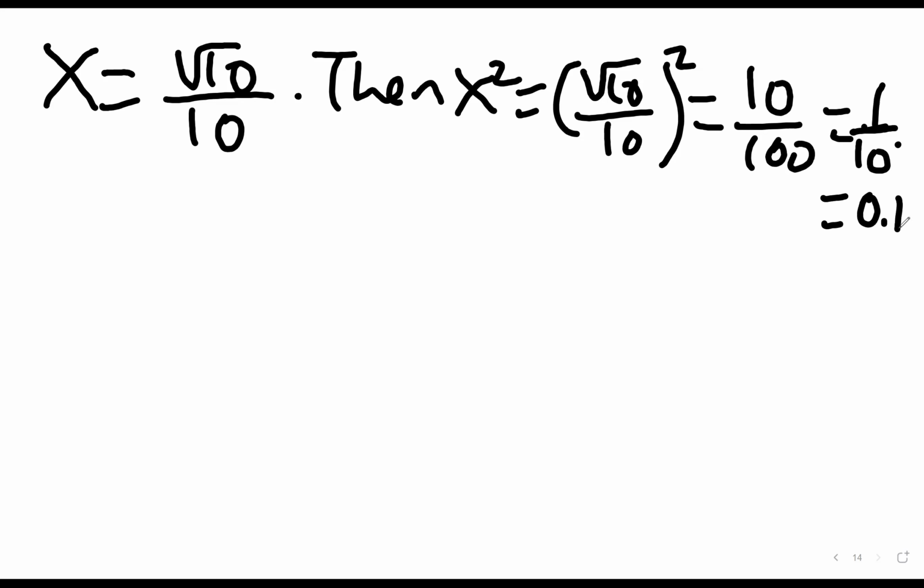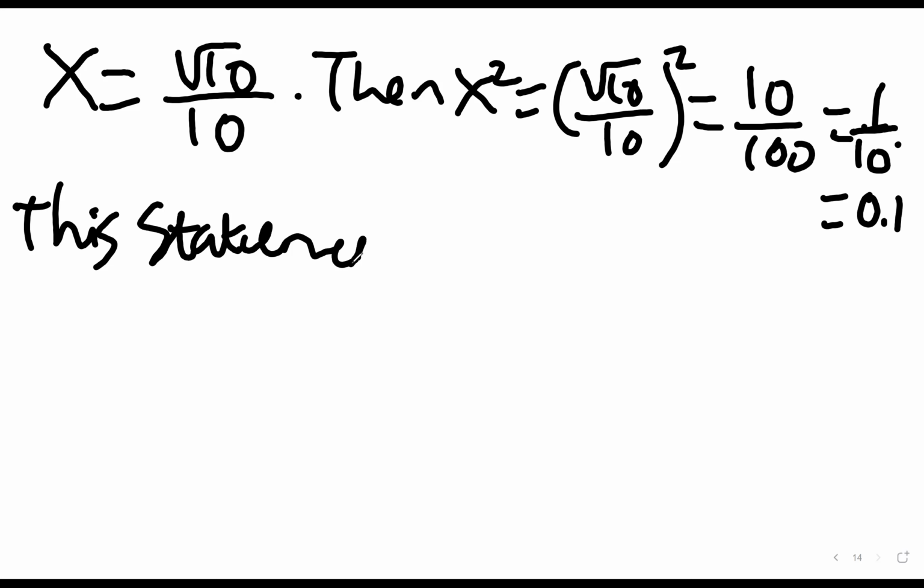So the conclusion is that this statement is true: there exists a real number such that its square is 0.1. All right, now let us continue.